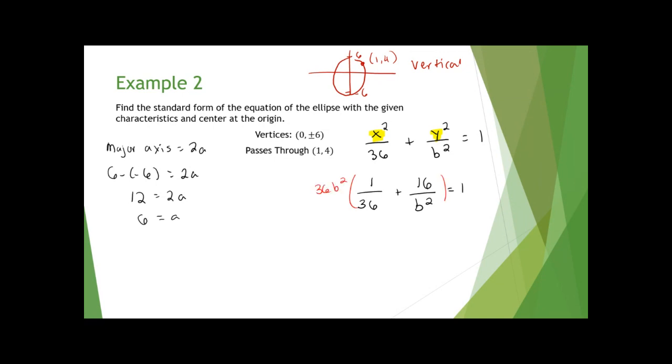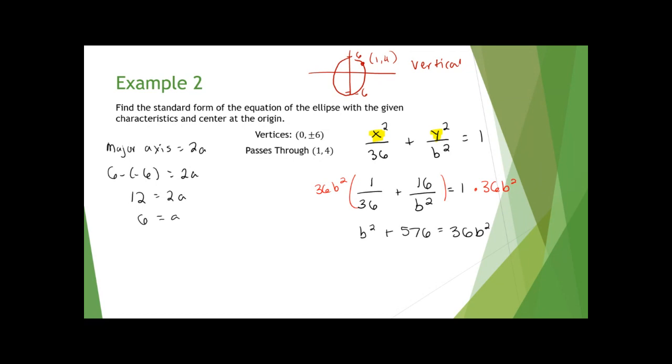So that will give us b squared plus 36 times 16, which is 576, equals 36b squared.